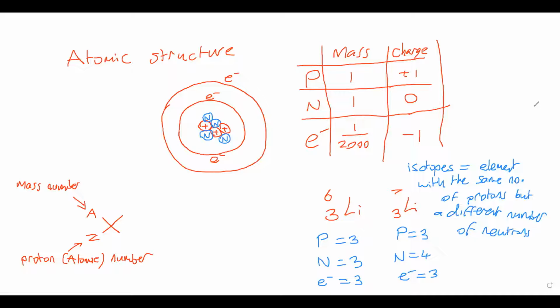So this means that our isotopes therefore have different mass, which is shown obviously by the 6 and the 7. So we have a heavier isotope of lithium with 1 more neutron.